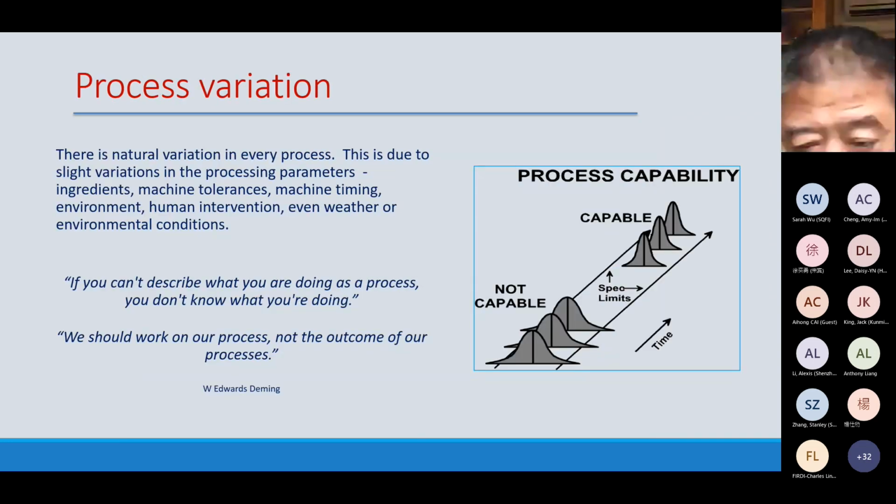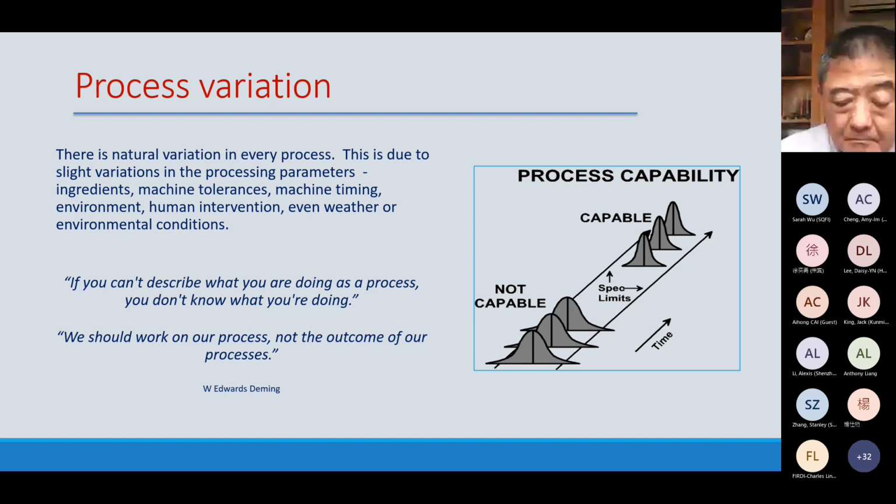This is based on work that's been around for many, many years, and it's attributed to Dr. W. Edwards Deming, who did a lot of work post-war in Japan in particular, but right throughout Asia and also in the United States, on understanding and reducing process variation, because there is natural variation in every process.